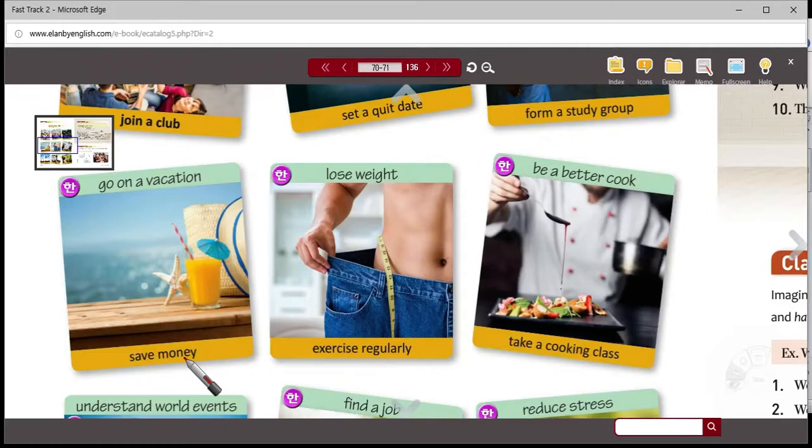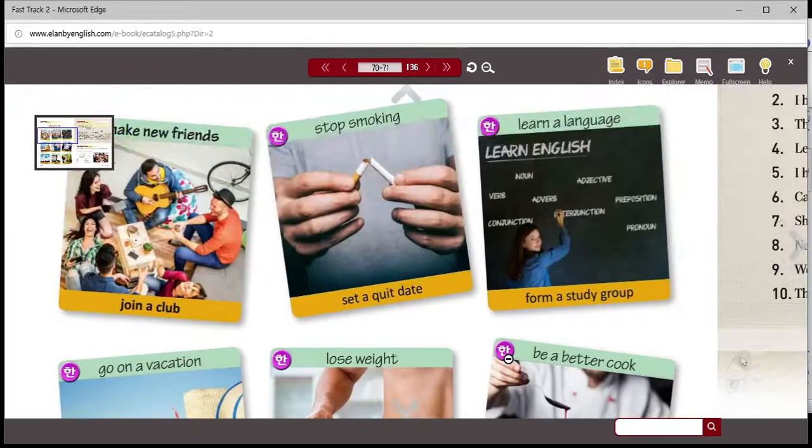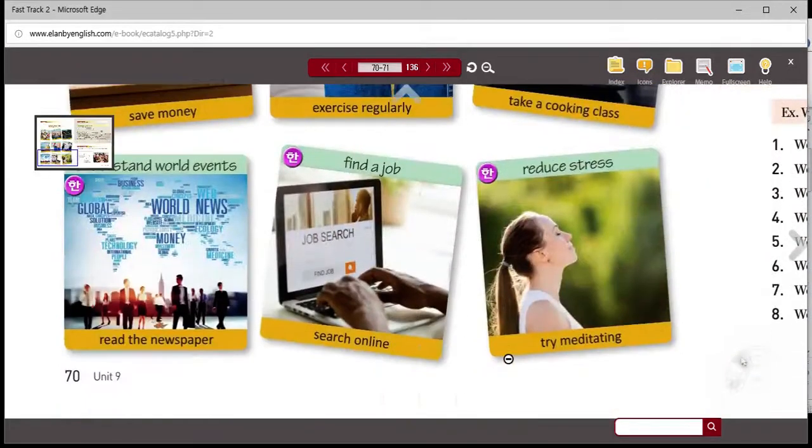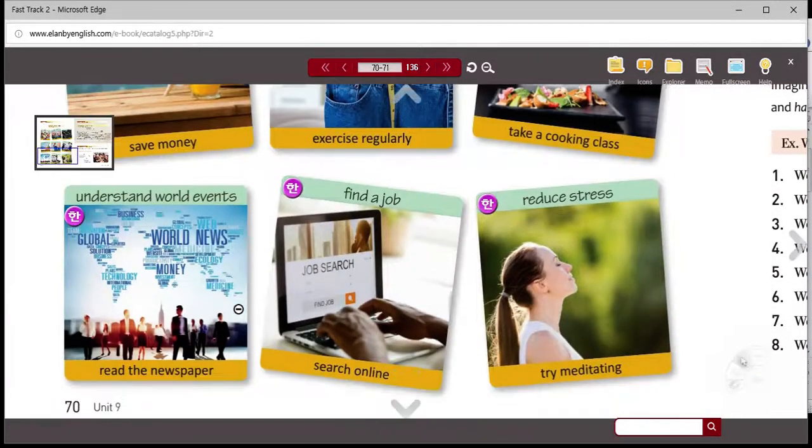What should I do if I want to lose weight? You should exercise regularly. What should I do if I want to be a better cook? You should take a cooking class. These are things you should do if you want to get these goals.